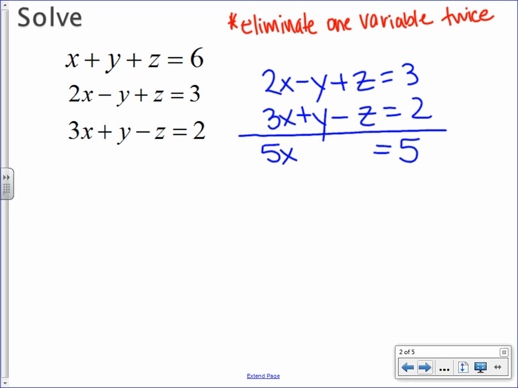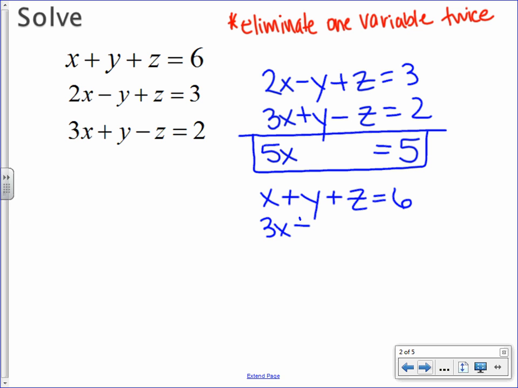Okay, now we already chose to eliminate z, so let's eliminate z again. What I'm going to do is box this so I know I need to come back to it. Now let's pick a different pair of equations to eliminate z. Which pair would you like? First and third sound great. So we have x plus y plus z equals 6, and 3x plus y minus z equals 2.